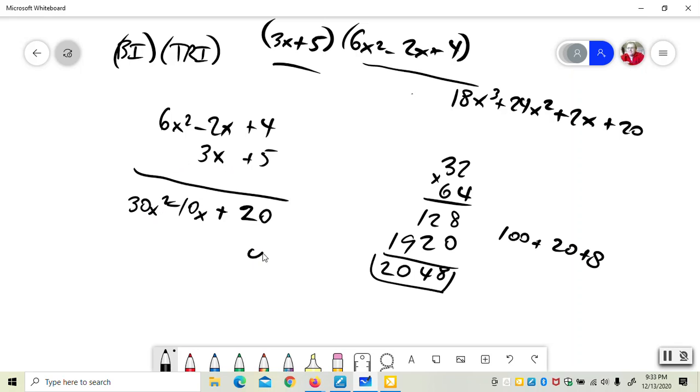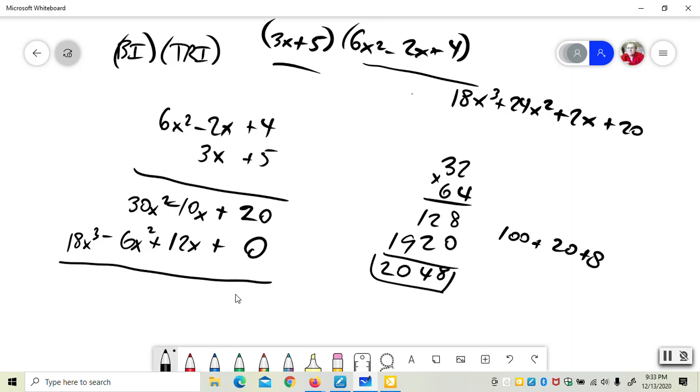Filler 0. Then 3x times 4 is 12x, and that's positive. 3 times negative 2x is 6x squared, which is negative. Then 3x times 6x squared, 3 times 6 is 18, x times x squared is x cubed.